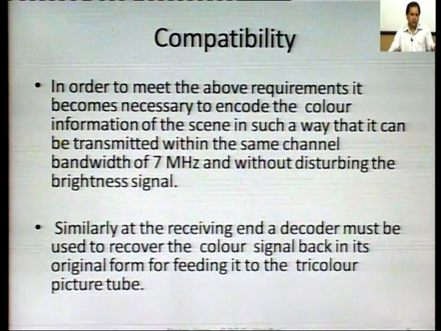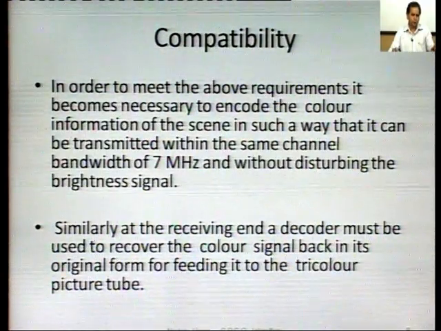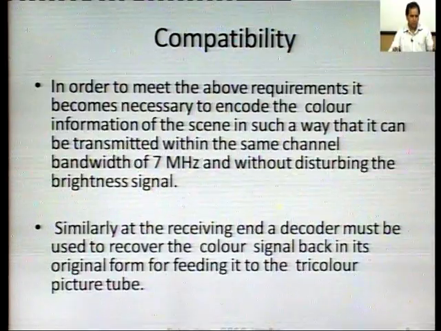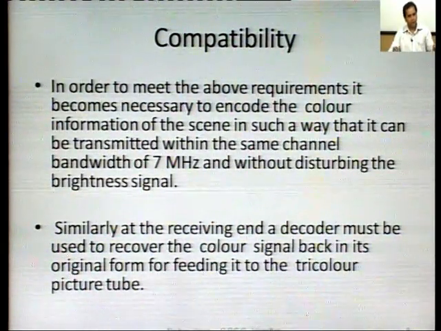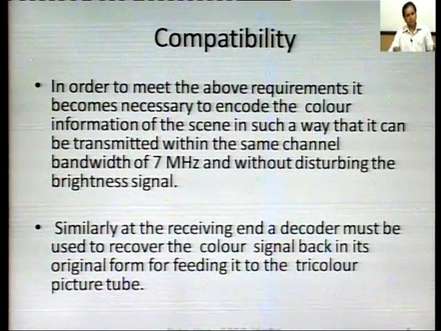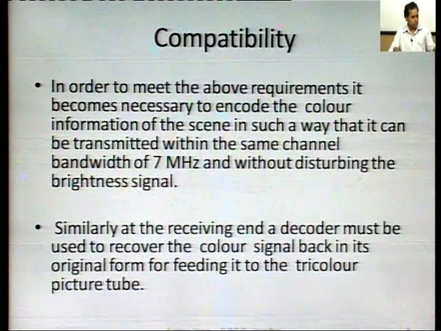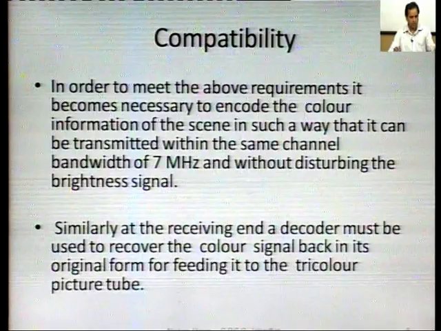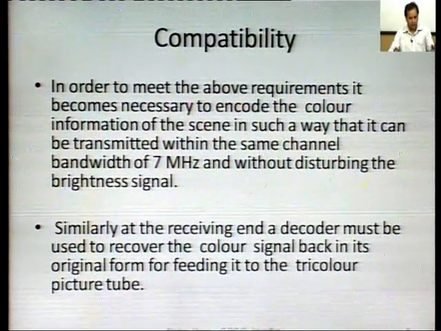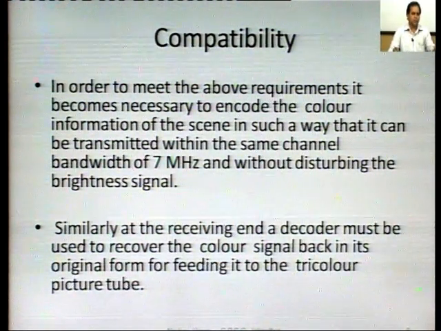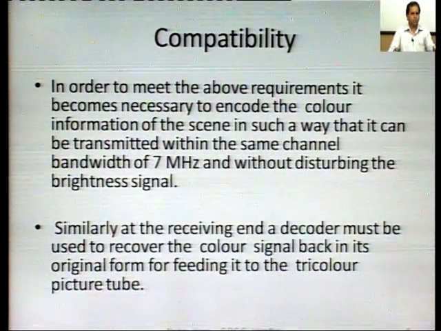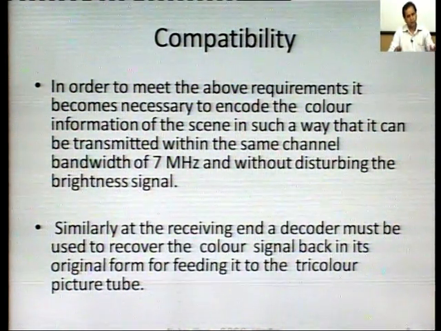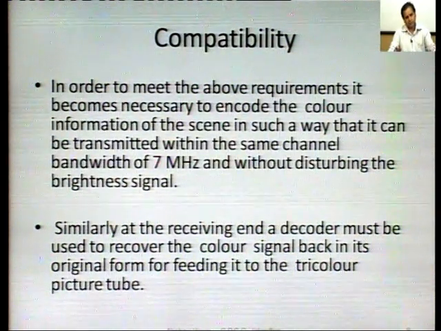Similarly, at the receiving end, a decoder must be used to recover the color signal back in its original form for feeding it to the tricolor picture tube. At the sending end, we collect the color information, and that color signal is multiplexed with the original monochrome signal, and then it is transmitted.